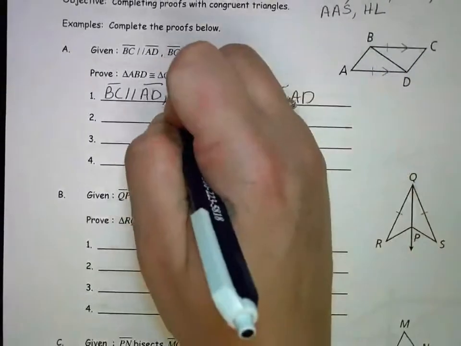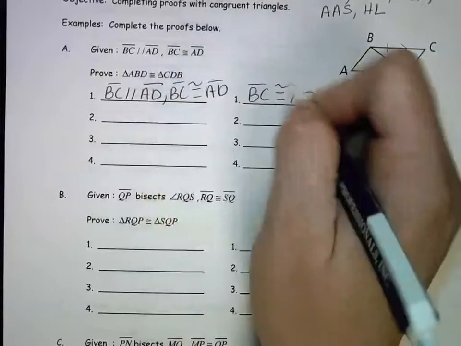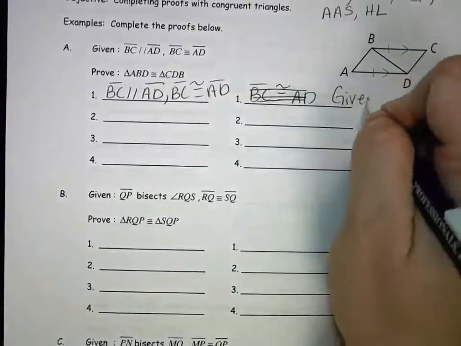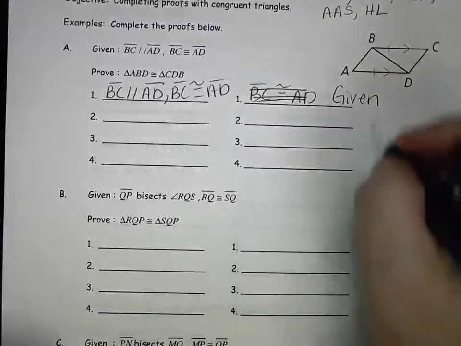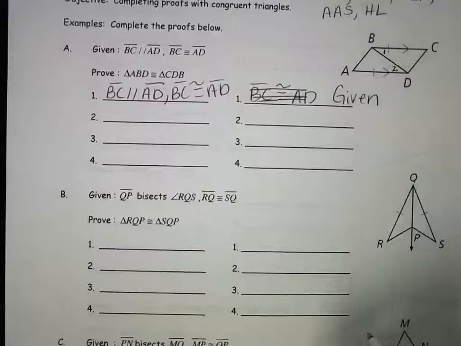Whoops, how about that goes right here? BC is congruent to AD. That is our given. Well, with the parallel lines, we can say something about some angles. And I'm going to put a 1 right here and a 2 right there.